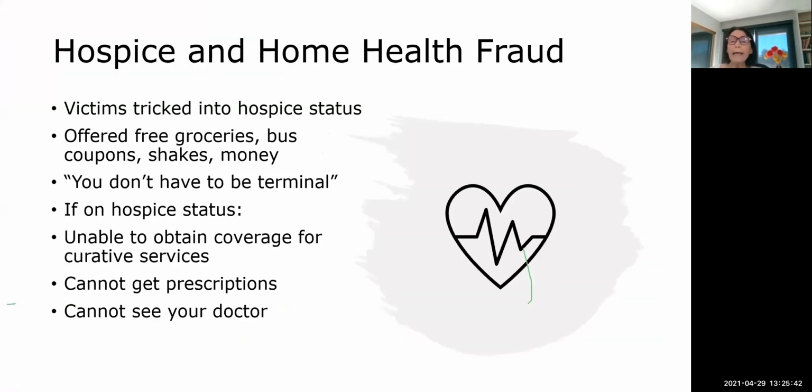Now, just about any kind of benefit that we legitimately would get as Medicare beneficiaries, those benefits can be compromised and people can steal money from Medicare using home health and hospice billing. So for example, let's say that somebody walks up to you in the supermarket and says, I noticed that you may have a little bit of a limp.